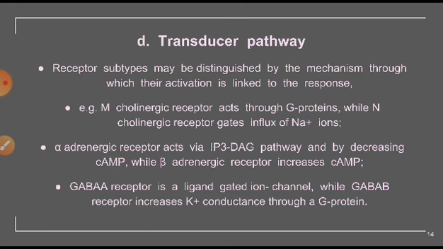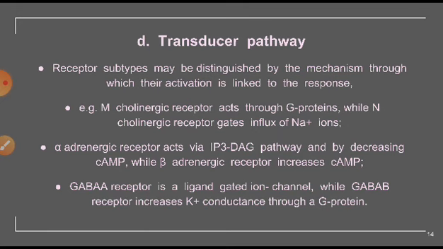For example, the muscarinic cholinergic receptor, which has been denoted by M here, acts through G proteins, while the nicotinic cholinergic receptor gets an influx of sodium ions. So, there's a difference in their mechanism. In the same way, the alpha adrenergic receptor acts via the IP3 DAG pathway and by decreasing cAMP, while the beta adrenergic receptor increases cAMP.